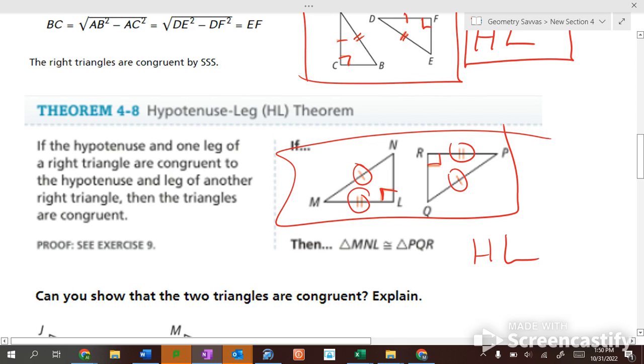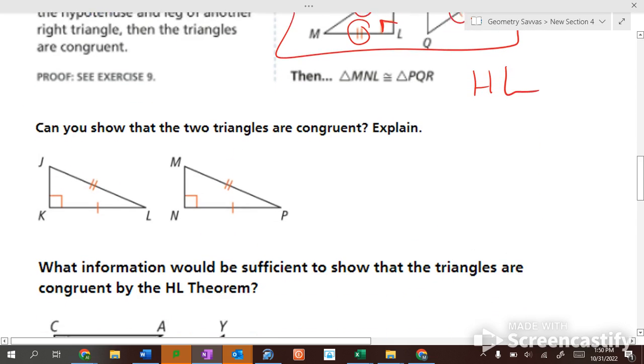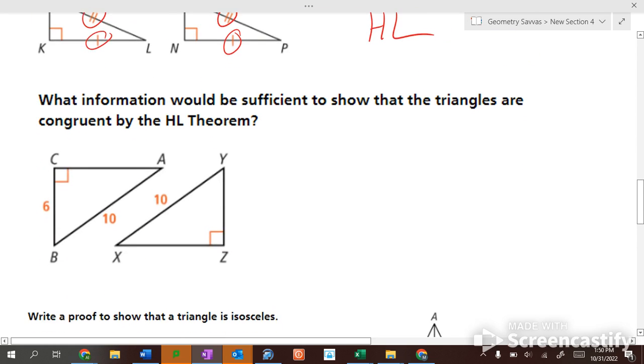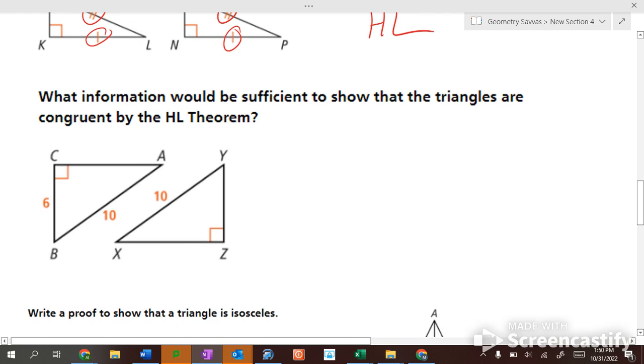So it's hypotenuse-leg. Would these two be congruent by hypotenuse-leg, yes or no? Yes, because we know the hypotenuse of each. They're right triangles, and we know a leg of each. So yes, they are congruent by hypotenuse-leg. Is this enough to say hypotenuse-leg?